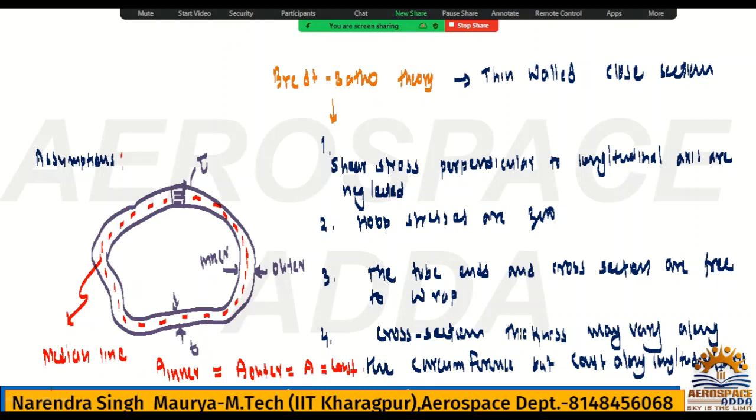Now you will talk about if there is a torque acting on a thin closed cross section, a representation of forces on a thin closed cross section under torsion. So what will be the conclusion you will have? That is also one analysis we need to do here.